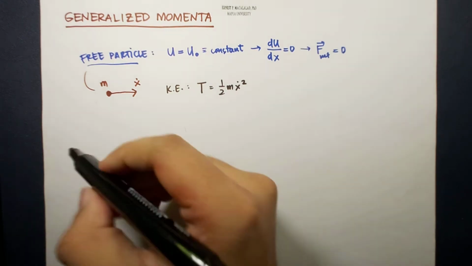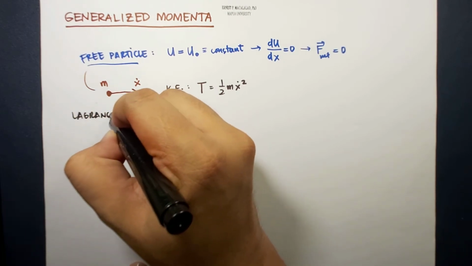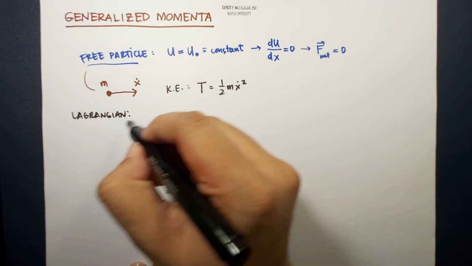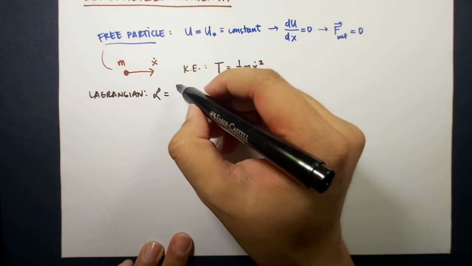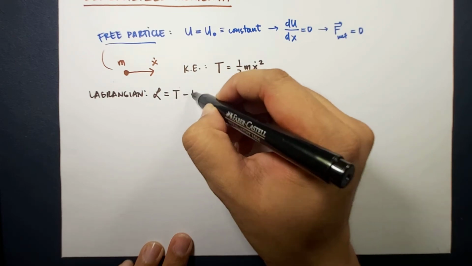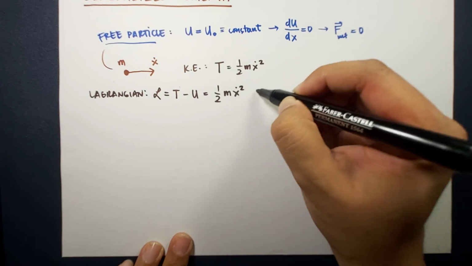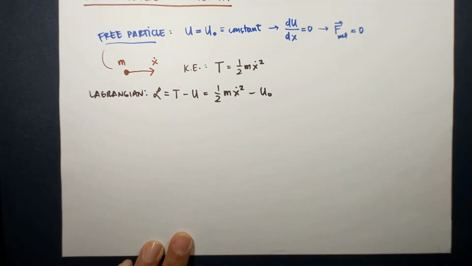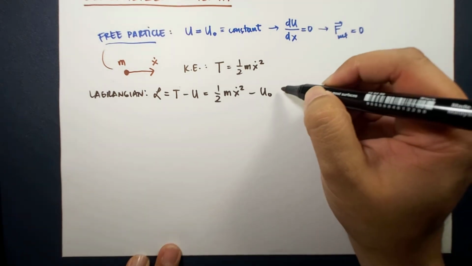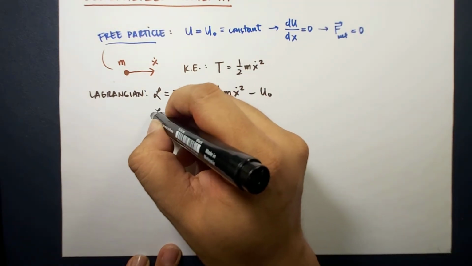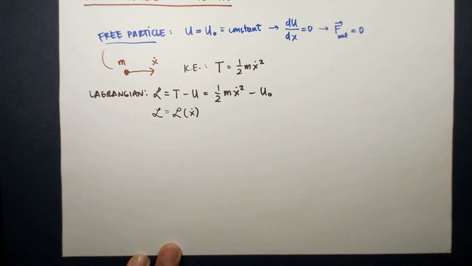So that means the Lagrangian of the system, L, will be equal to T minus U, or 1/2 m x dot squared minus mu naught. You will notice here that our Lagrangian is only a function of velocity, x dot.